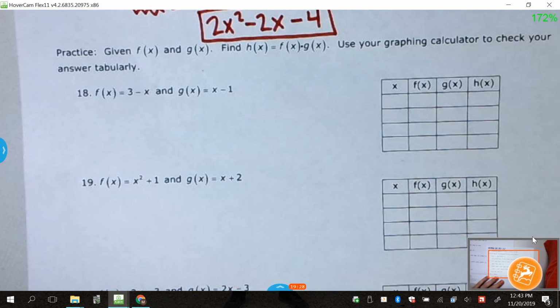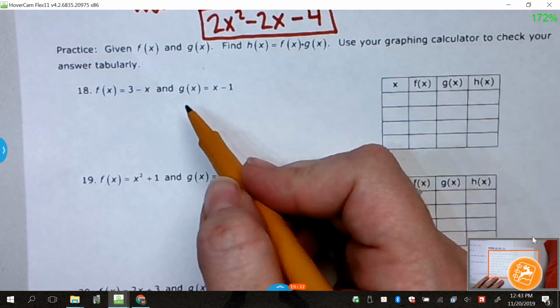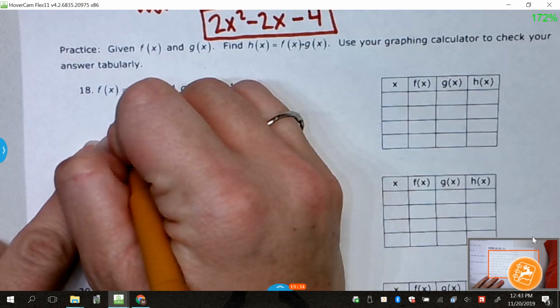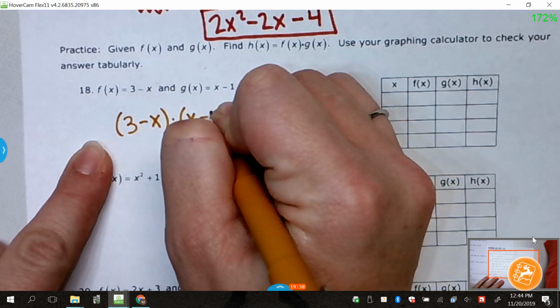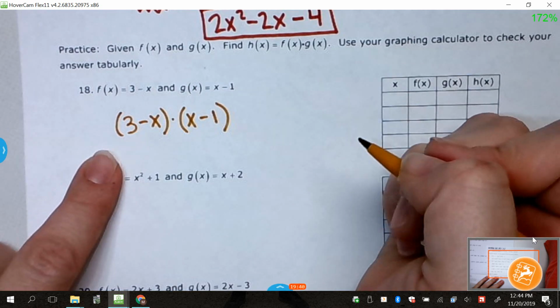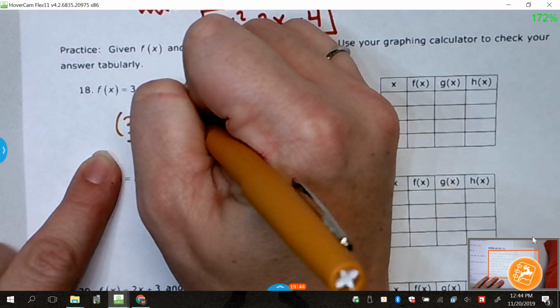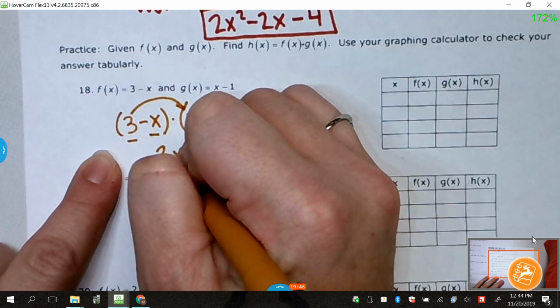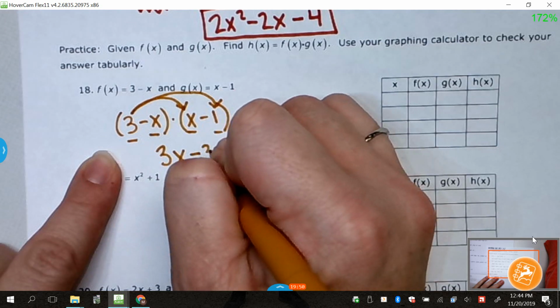Okay, so given f of x, it says find f of x times g of x. Use your graphing calculator to check your work. So f of x times g of x. So remember, this is where we have to distribute. So this is a term. So 3 times x is 3x. 3 times negative 1 is negative 3.